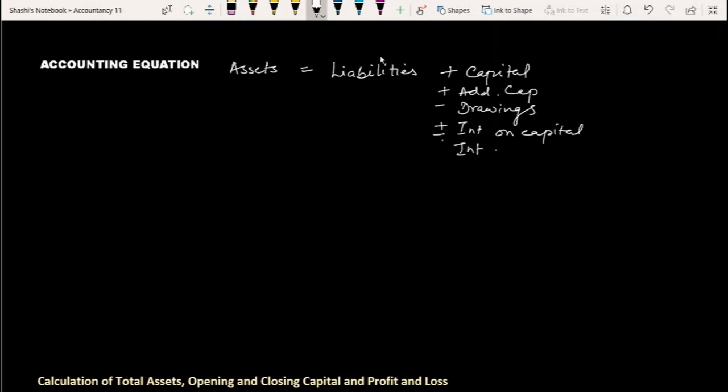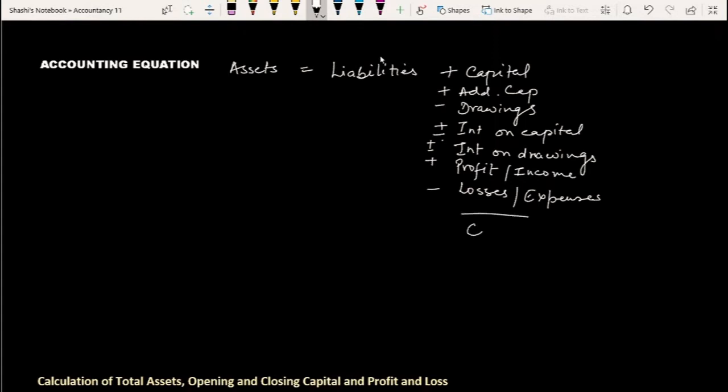In the same way, interest on drawings has the same effect vice versa: income for the business and expense for the proprietor. So here we can say plus and minus. In the same way, the profits or income will be added, and any losses or expenses will be deducted. So this is the treatment we do, and finally we reach the capital here.